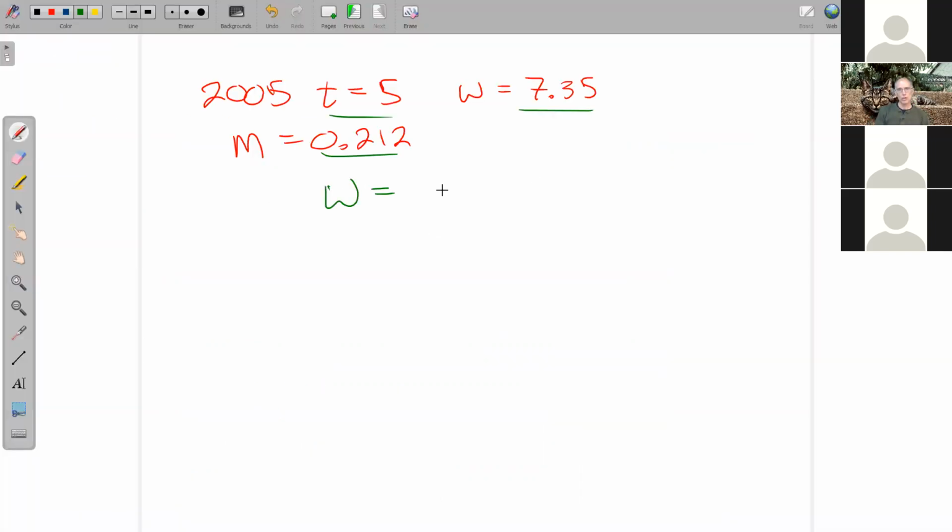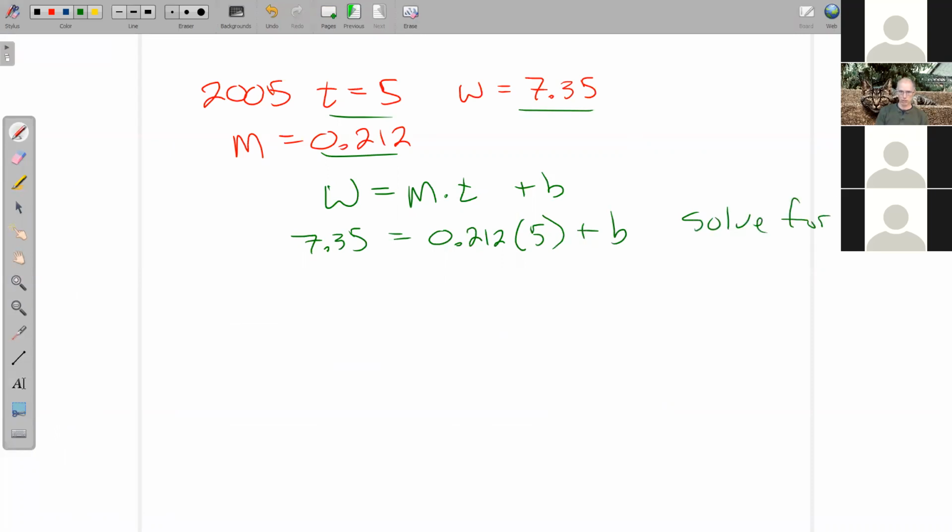So W equals M times T plus B. My W is the 7.35. My M is 0.212, my t is 5, and now I can solve for b. So then I need to make that calculation there, and then I need to subtract it over to the other side. So I'm going to do that on my calculator.